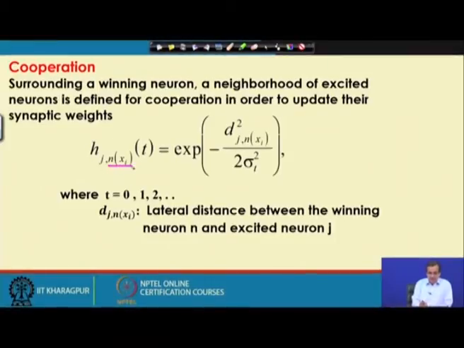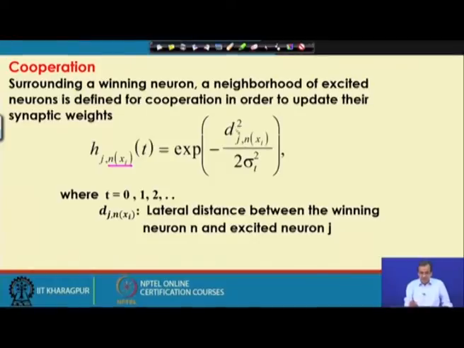So, this n(x_I) is the winner, j indicates a neighbor of that particular winner, and this h_j,n(x_I) is used to represent the Gaussian distribution of this particular neighborhood. Now, this is nothing but exponential of minus d_j,n(x_I) square divided by 2 sigma_t square.